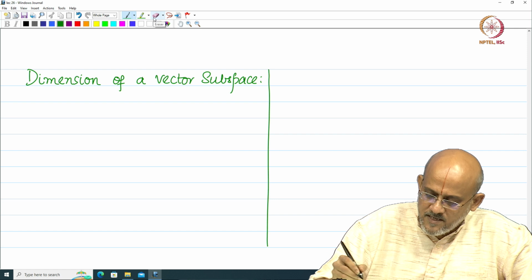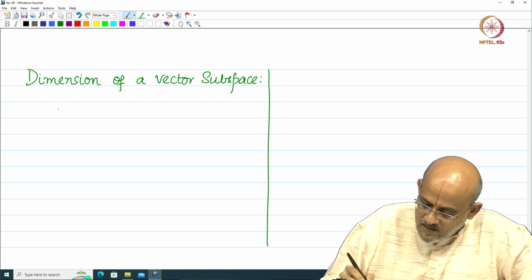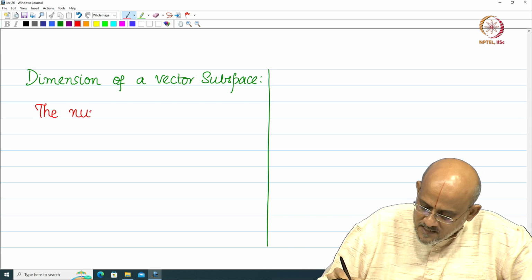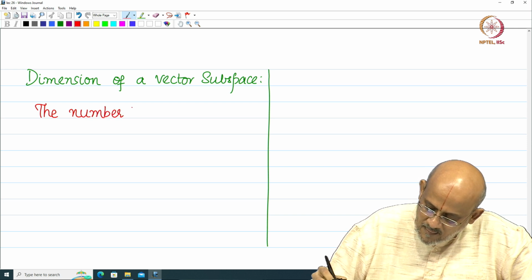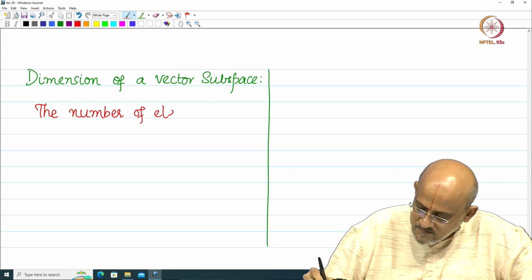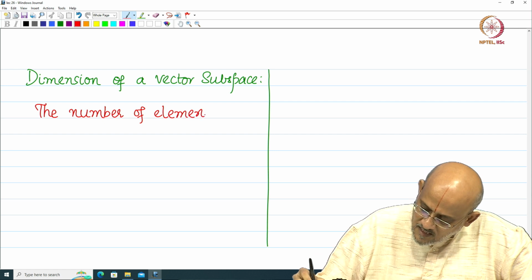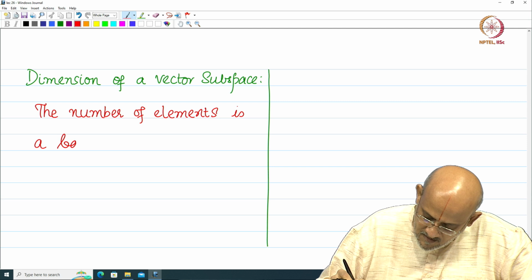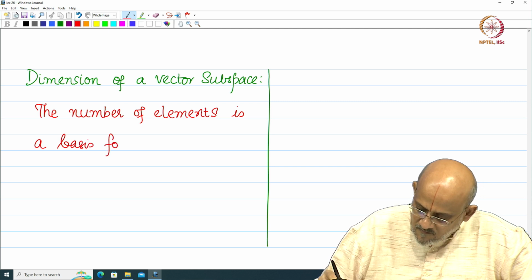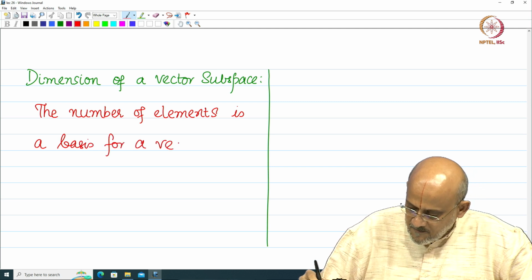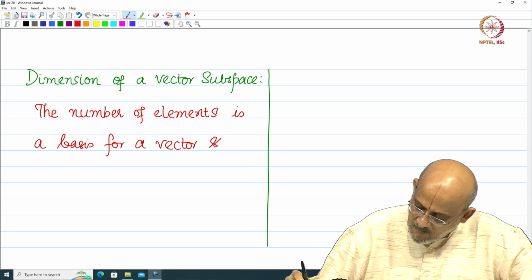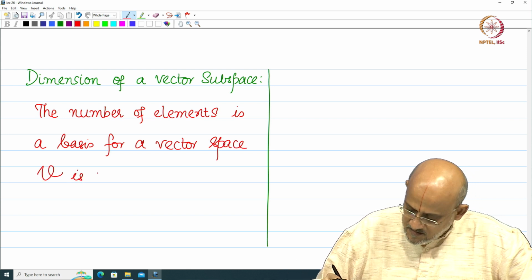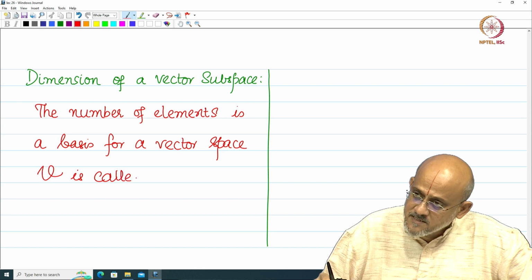I mean it holds good for a vector space also. So, what we say is, the number of elements in a basis for a vector space V is called the dimension of the vector space.